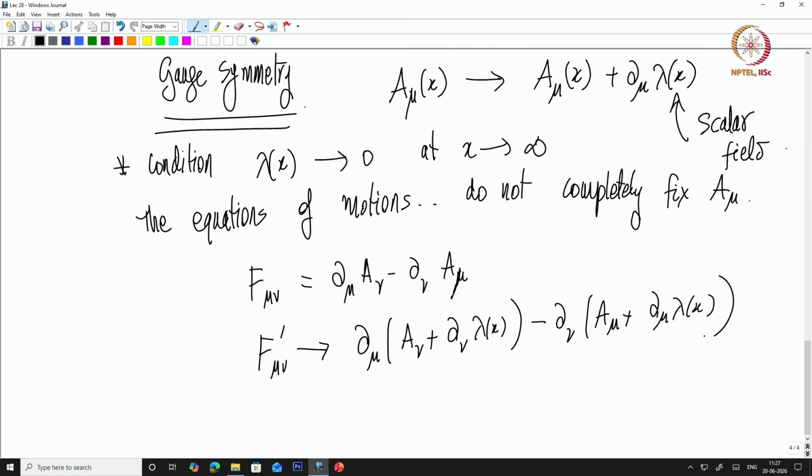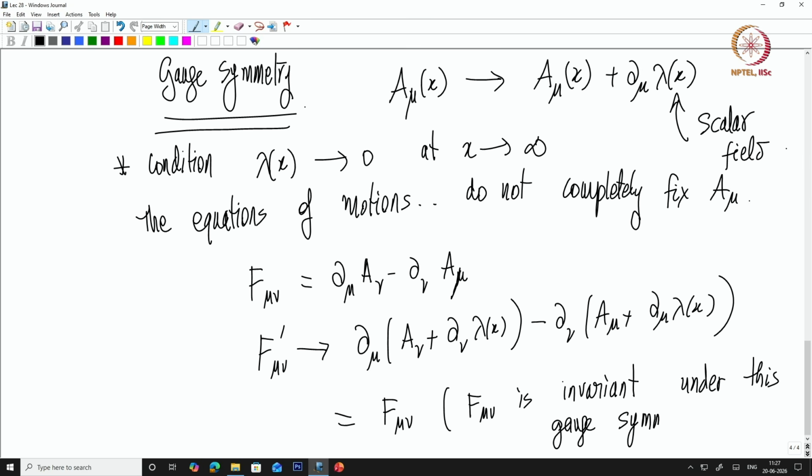If you expand this, it is nothing but F mu nu. So under the gauge symmetry, F mu nu is completely invariant.